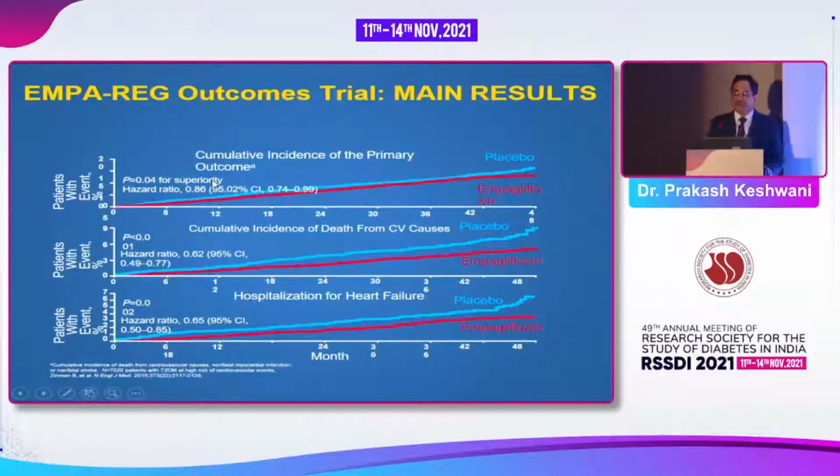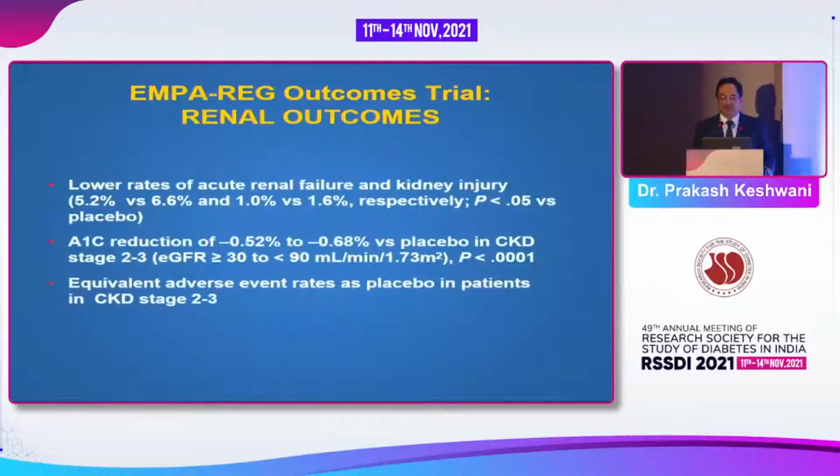There was a beneficial effect on the primary outcome, a decrease in the cumulative incidence of death from cardiovascular causes, and a decrease in hospitalization for heart failure. So empagliflozin, which was studied to find out whether it is cardiac safe or not, was found to be beneficial for the heart, and at the same time renal events and progression of nephropathy were found to be reduced with its use.